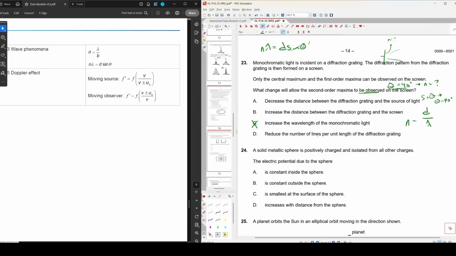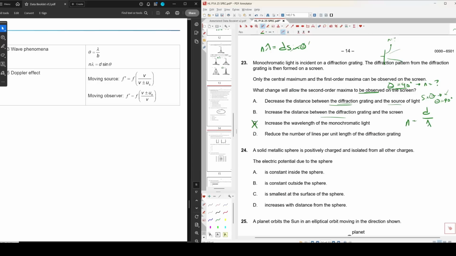Reduce the number of lines per unit length. Yes, that's so silly the way they say this. This will matter. Yeah, because it's supposed to come in parallel, so it doesn't matter how far away the source is from the grating. And the distance doesn't matter. It would spread out the points you can see more, but this is an angle.